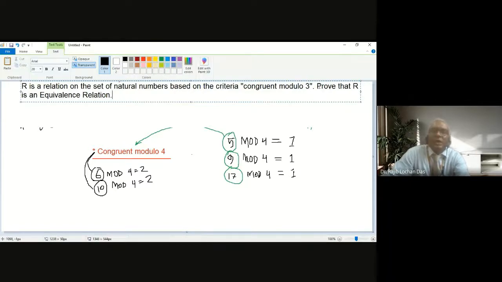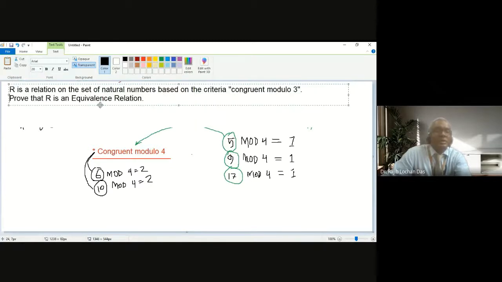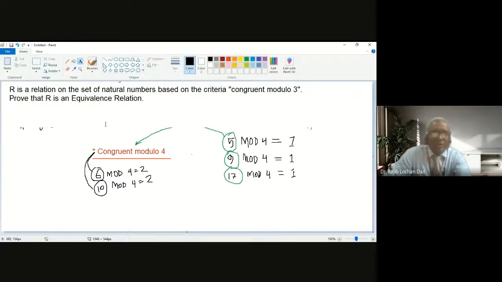So how can you prove that? You will check the properties, right? So what are the properties? Reflexive, symmetric, transitive. All three properties should be satisfied, then it will be an equivalence relation, right? So how can you check?